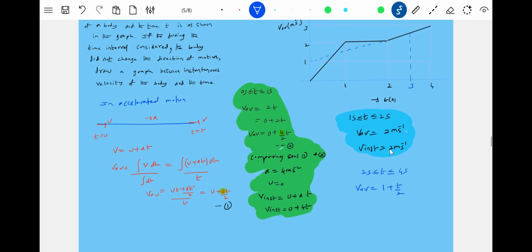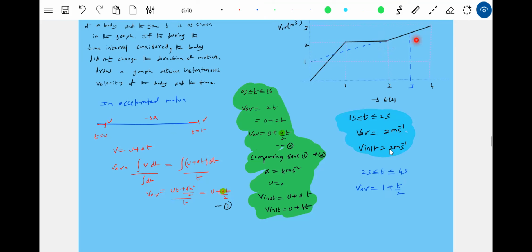But it is defined only for 2 to 4 seconds. Put t equal to 2, the average velocity should be 2. Put t equal to 4, it should be 3. Okay, I think this is satisfying. Don't go for this one. It has to be this one. So if you extend back, the intercept will be 1.